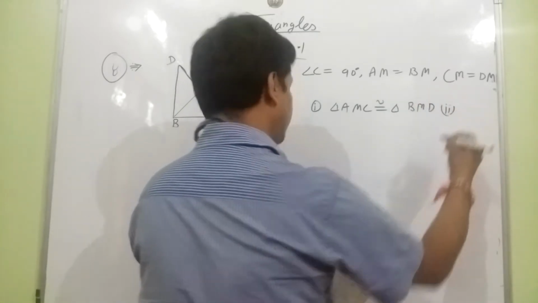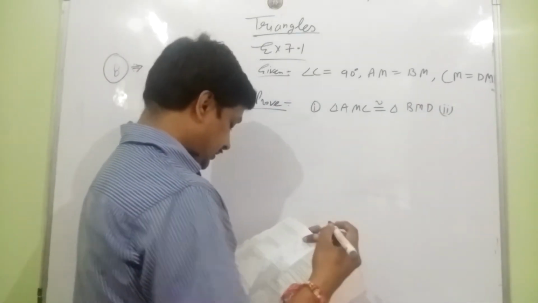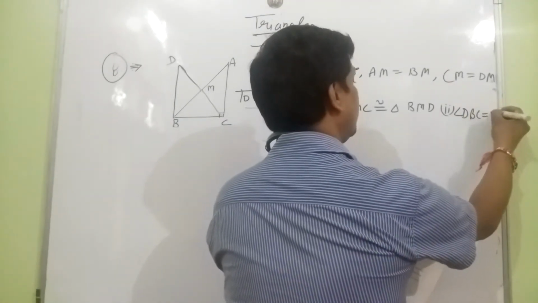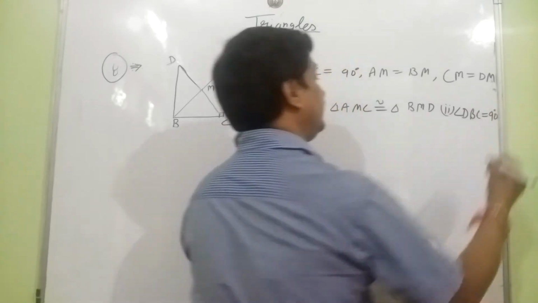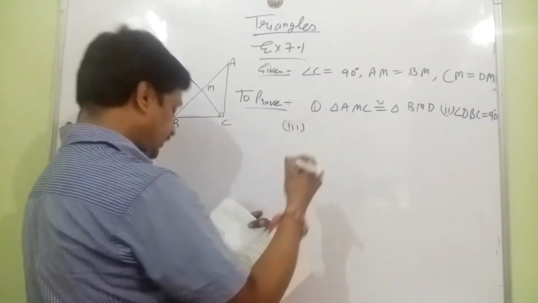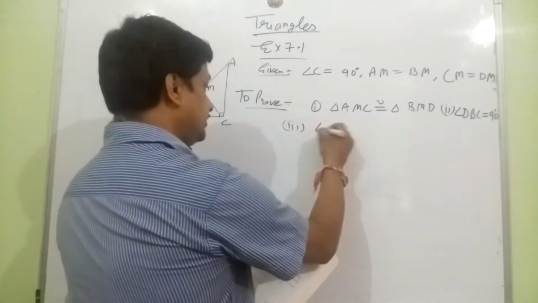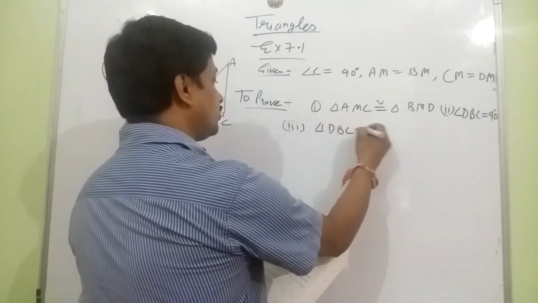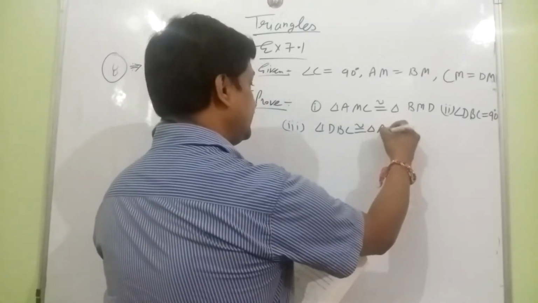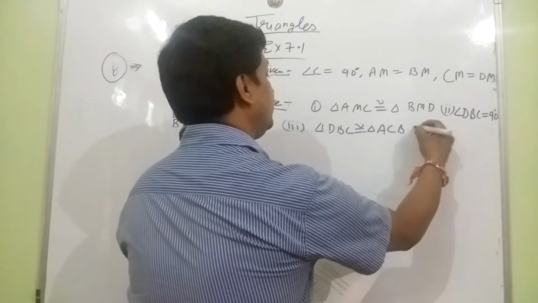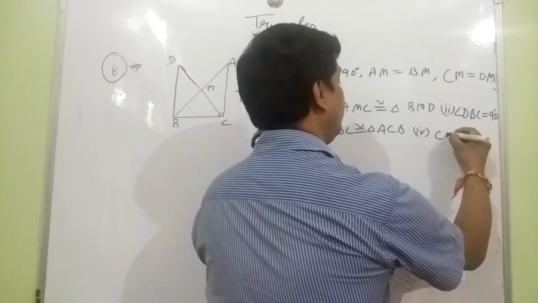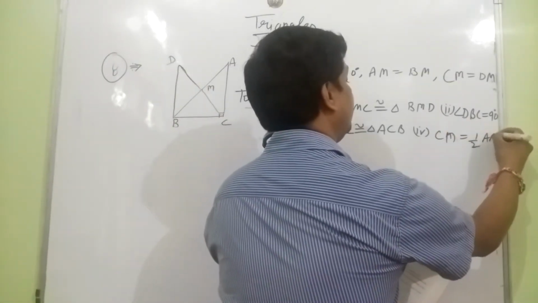The second thing we want to prove is angle DBC is a right angle, angle DBC equals 90 degrees. And the third thing we want to prove is triangle DBC is congruent to triangle ACB. And the fourth thing we want to prove is CM equals half of AB.